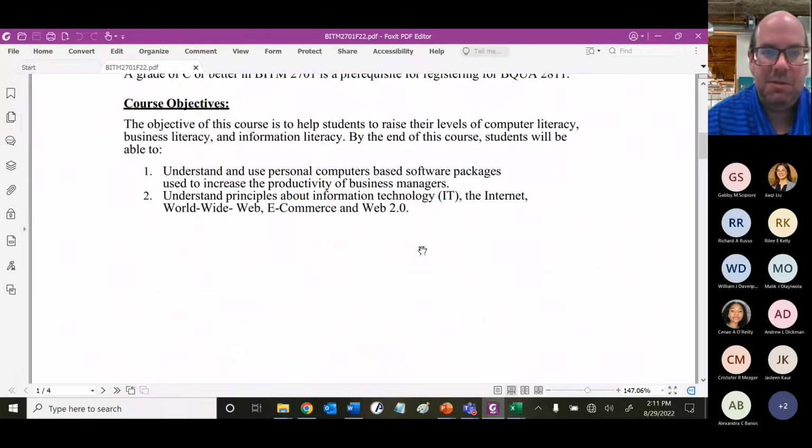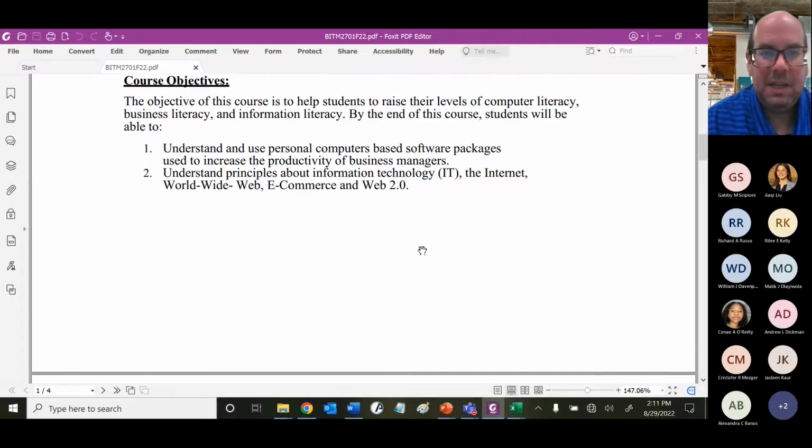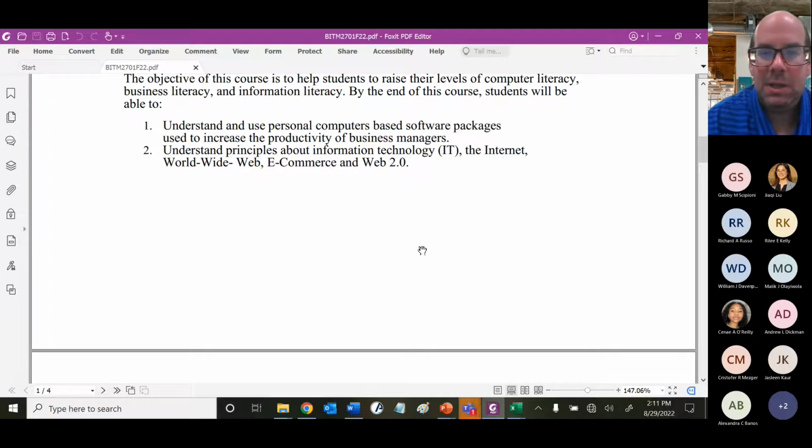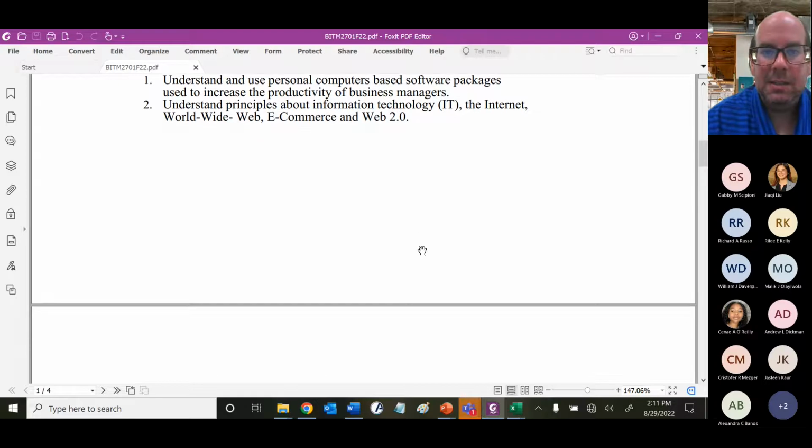Objectives are to understand and use personal computers based on software packages, in this case, primarily Microsoft Office. And then due to the 2.5-hour time frame, to understand principles about IT, the internet, World Wide Web, e-commerce, and Web 2.0. That's one specific lesson.